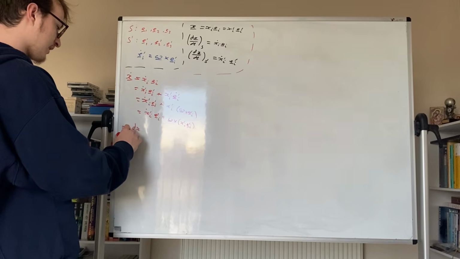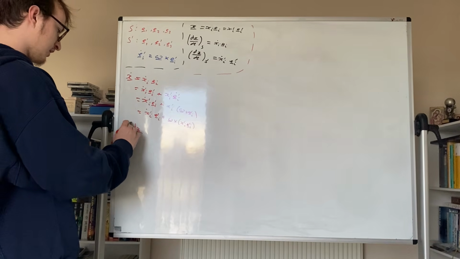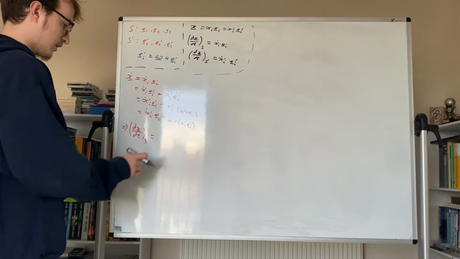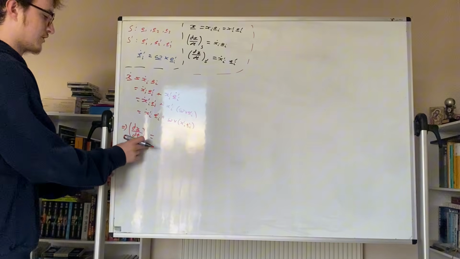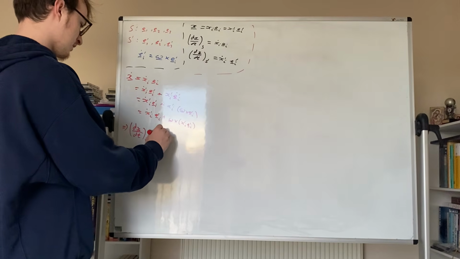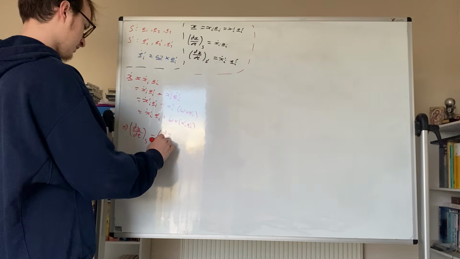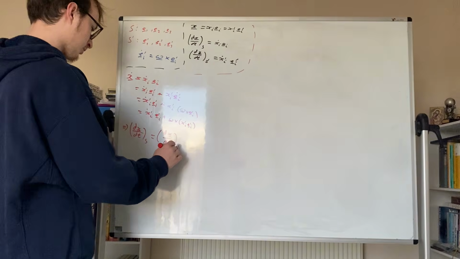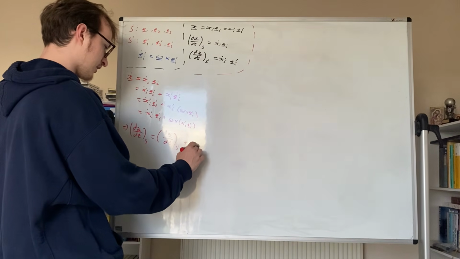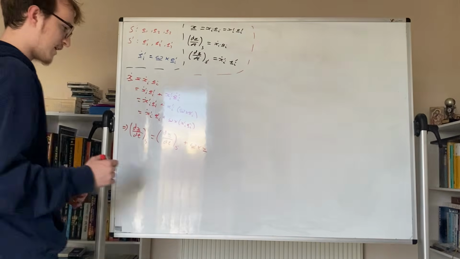we get that dx dt with respect to our first inertial frame S, the velocity from the perspective of our inertial frame S, is just given by dx dt with respect to S prime, this thing, plus some factor of omega cross x.